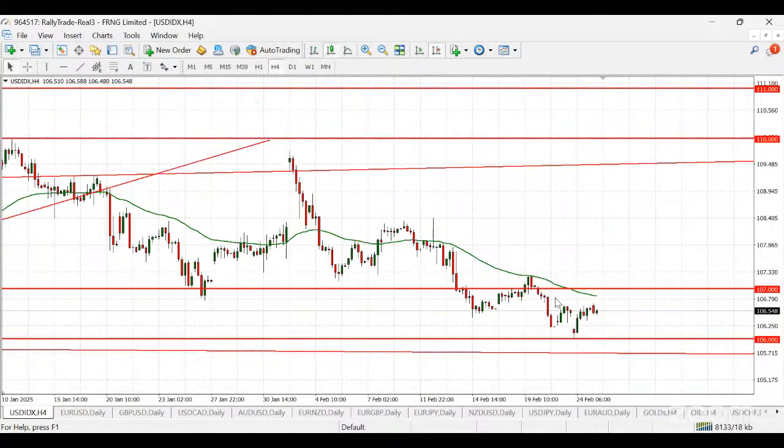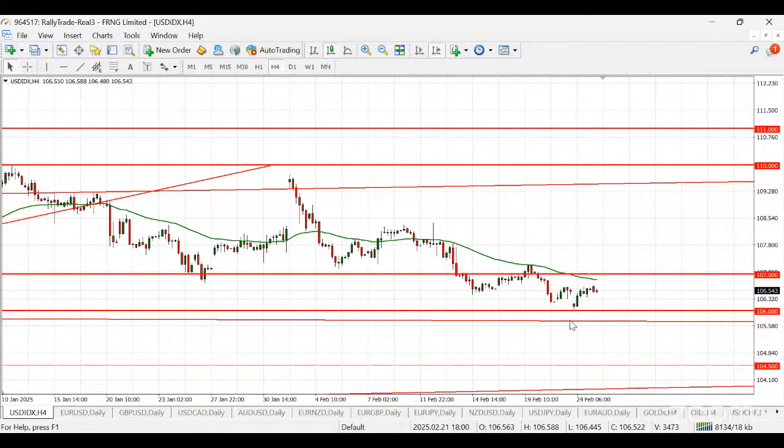So as it is, we're looking at the 106 level as support and 107 as resistance for the dollar index. The direction this goes will determine what we do with the rest of the major pairs. If it becomes bearish by closing below the support level at 106, or bullish closing above the resistance at 107, then that would give some clarity to the dollar index. All right. This is on H4. Let's see what it looks like on H1.